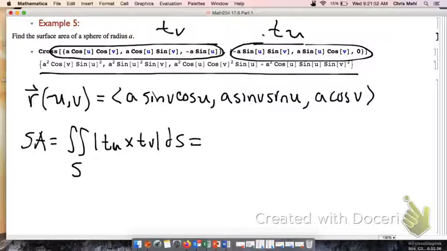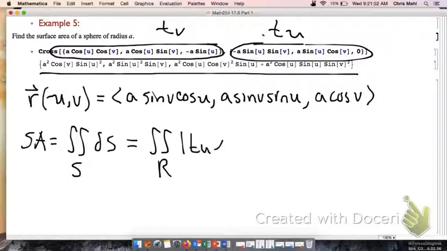And after doing a parameterization, oh, sorry, there's no ds in that part. It would just be ds. This is the double integral over the rectangular region R, and then it would be magnitude Tu cross Tv with a dA with respect to area.